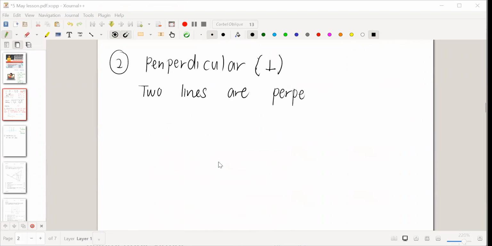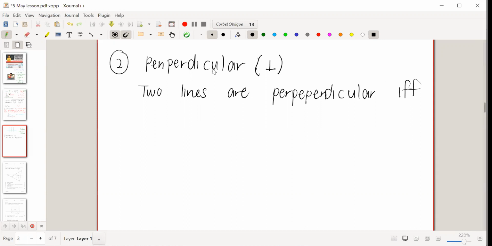Thank you. That's precisely what I was going to write down. So two lines are perpendicular if and only if, of course, when we're talking about these lines, we mean straight lines, if and only if the product of their gradients is -1.